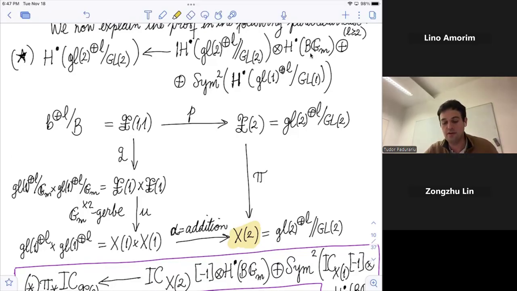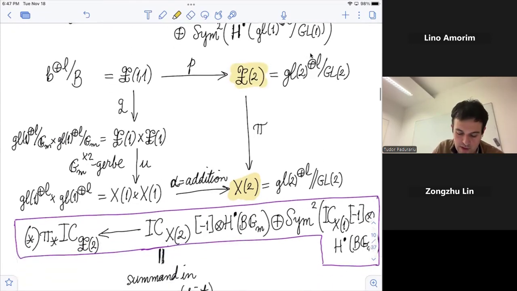A local statement on X_2 also implies immediately a statement with a non-zero potential, because vanishing cycles commute with push forward along good moduli space maps. So we have the stack X_2, and the goal is to compute the push forward of IC on X_2. This is what we want to compute in star.